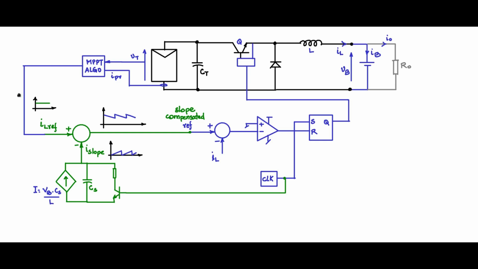So this value will change as we saw earlier, and IL ref will keep changing depending upon insolation, and it will set the IL reference such that maximum power can be drawn from the PV panel. As this IL reference gets set, the slope compensated current control converter will make the IL value the same as this IL reference, and thereby charge up the battery and the load together at the best power available from the PV source.